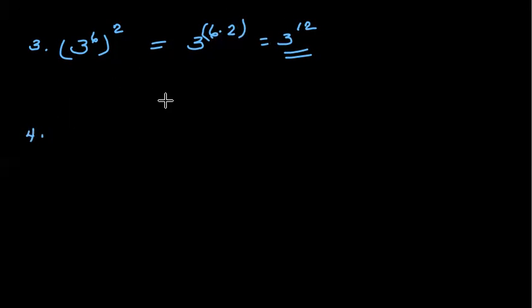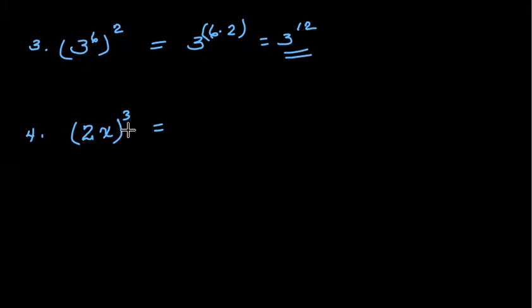Again, what you should be doing is pausing after each one and giving it a shot for yourself. All right, let's look at the 4th one. It says 2x to the 3rd power. Everything in here is raised to the 3rd power.